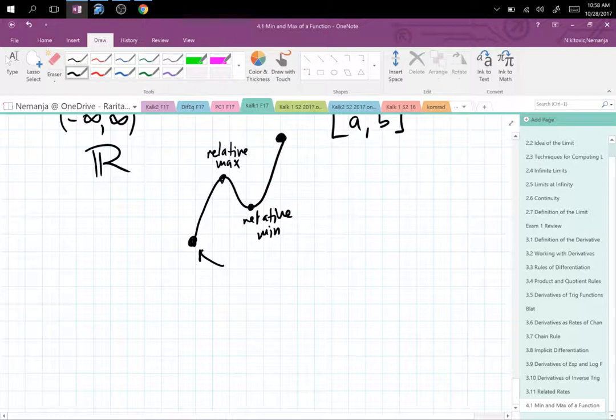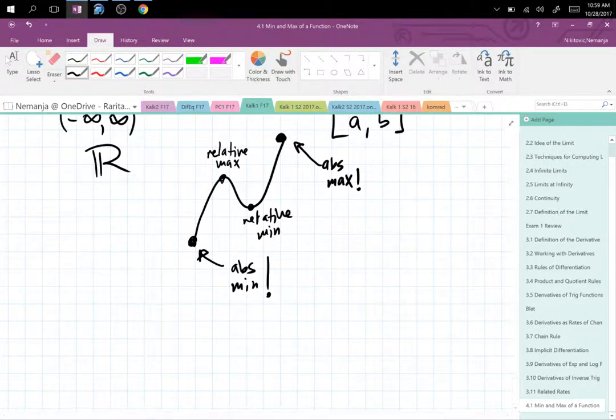But this one over here is the absolute min. And this one over here is the absolute max. And as you can see, it's endpoints. They're finite. There's a dot at the end. So now they become part of the game.